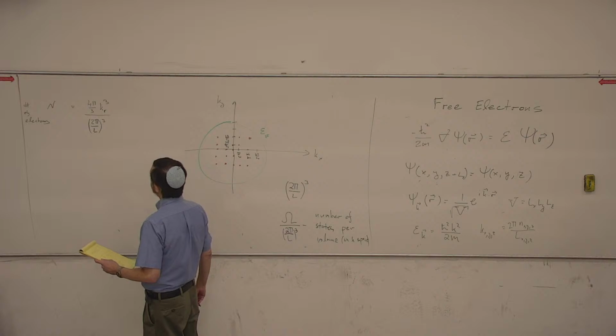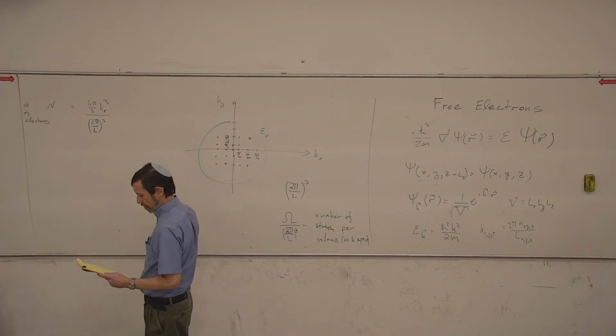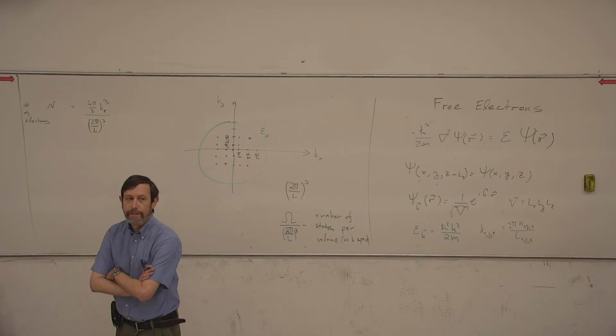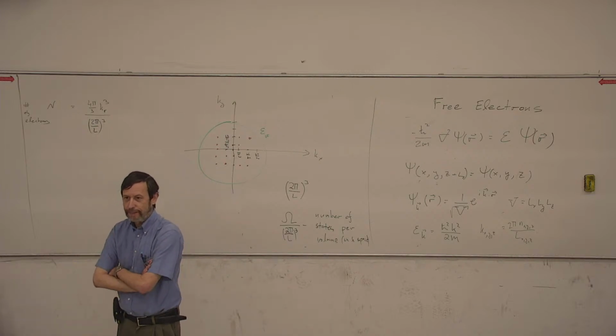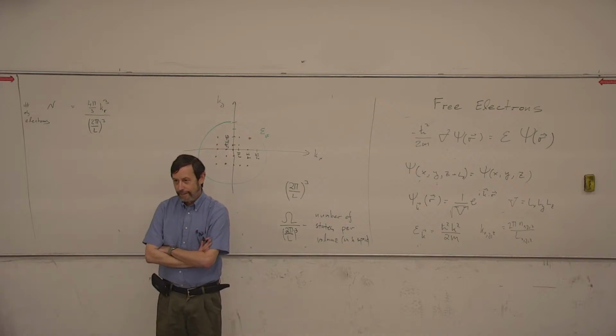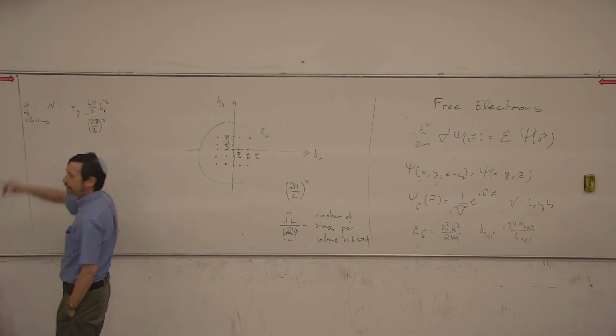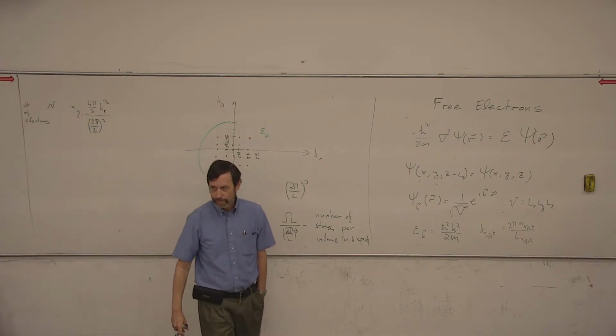There. And I forgot something. What is that? Spin. Exactly. Each point can have 2, so I have to add here 2.